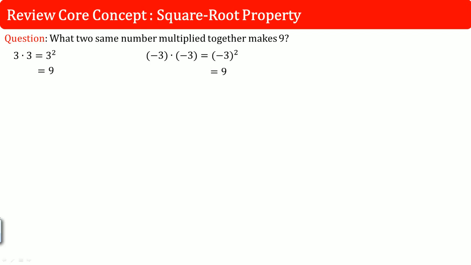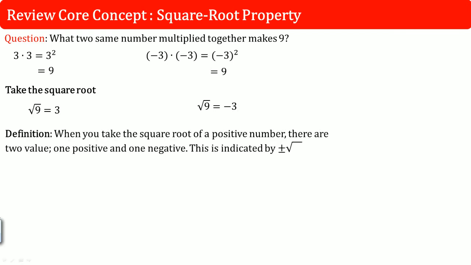So there are two numbers that you can multiply together to make 9. If you take the square root, which is the inverse of squaring, of 9, you get 3. You can also get negative 3. So there are two possible answers that come out of taking the square root.